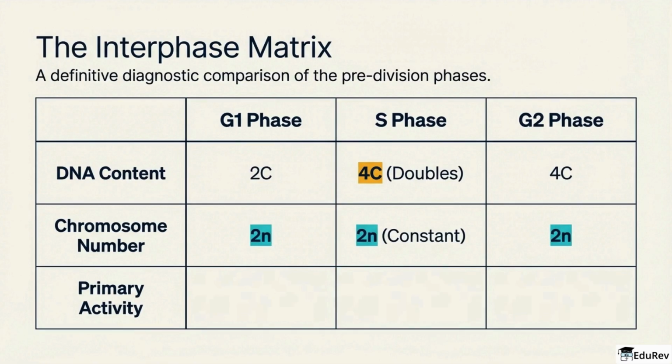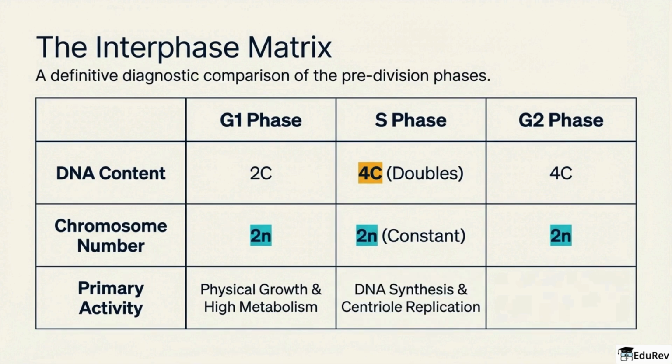The main activity shifts across phases. G1 is physical growth and high metabolism. S is DNA synthesis and centriole replication. And G2 is protein synthesis plus final preparation for mitosis. This matrix is the cleanest way to track what changes and what does not.